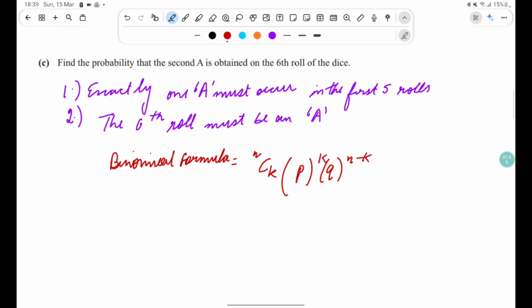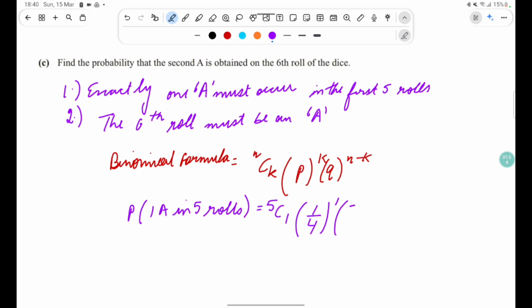So it will be 5C1, (1 by 4) to the power 1 and (3 by 4) to the power 4. Now if I solve this, it will be 5 into 1 by 4 into 81 over 256, which is equal to 405 over 1024.